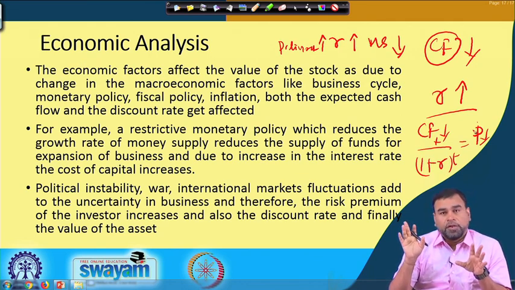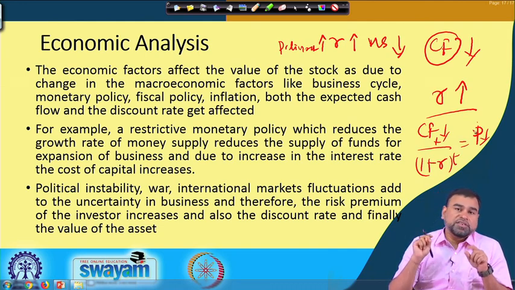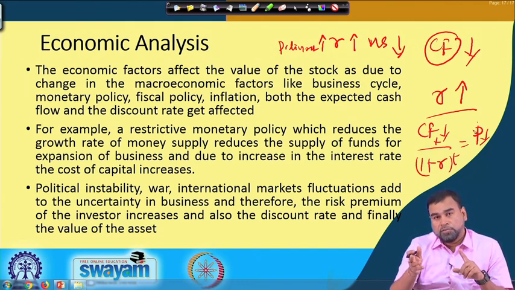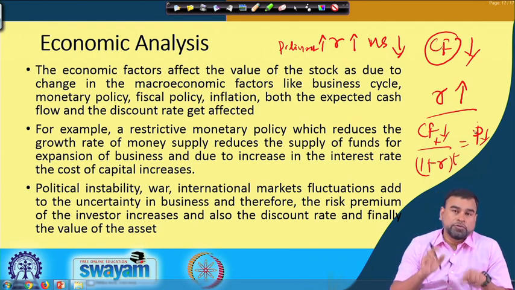So any variable of the macroeconomic fundamentals, any fluctuation in that, will have an impact upon the intrinsic value of any asset, because both the inputs for the calculation of intrinsic value may change due to the change in the economic fundamentals.